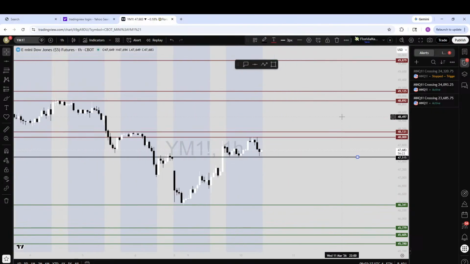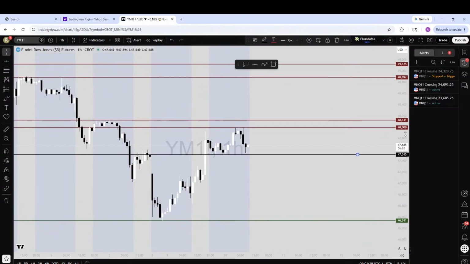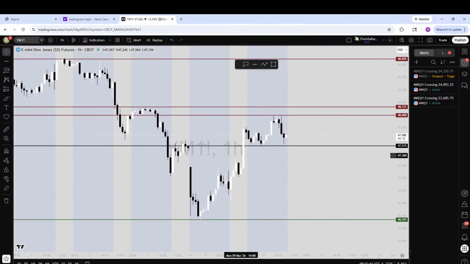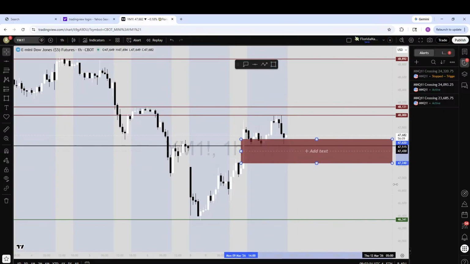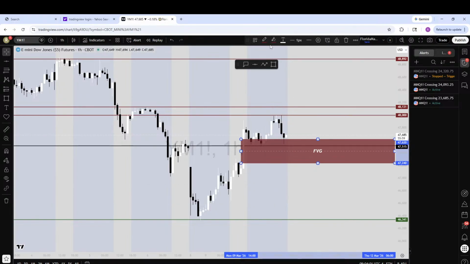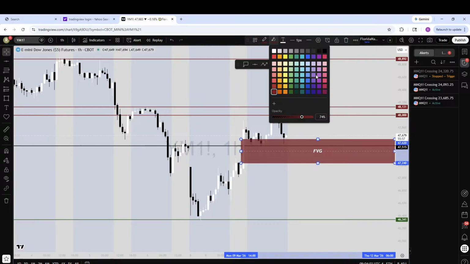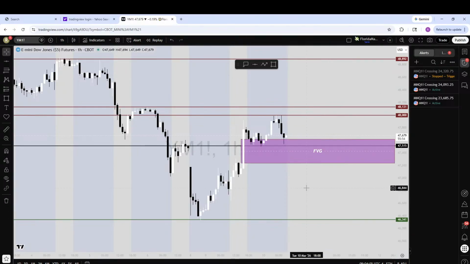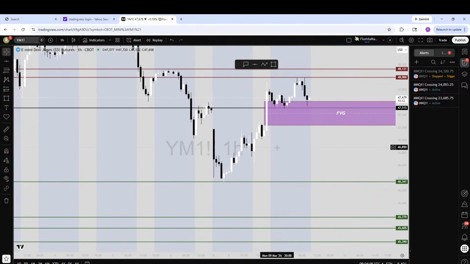And then the next thing is to look for gaps. We have one right here. I like my gaps to be there. Okay. Then let's look for another gap. I don't see any other gap down here.